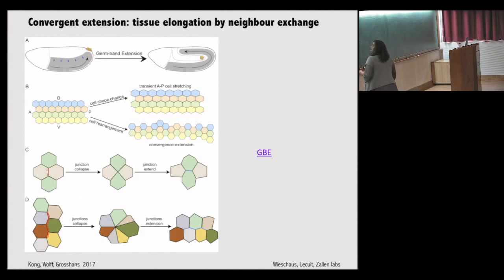So in other words, you can achieve neighbor exchange also by directional shrinkage of cellular interface.